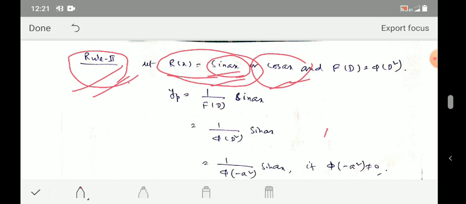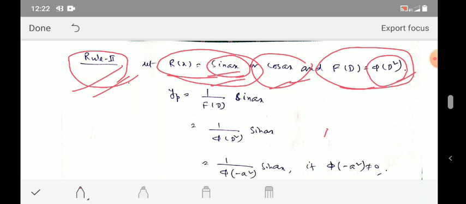Here also we let f(D) = phi(D^2). That is, f(D) can be expressed as a function of D^2 only. Suppose f(D) = 4D^2 + 5, that is a function of D^2. If f(D) = 3D^4 + 5D^2 + 7, we can write D^4 as (D^2)^2. Therefore all the terms can be expressed in terms of D^2, so this is also of the type phi(D^2).